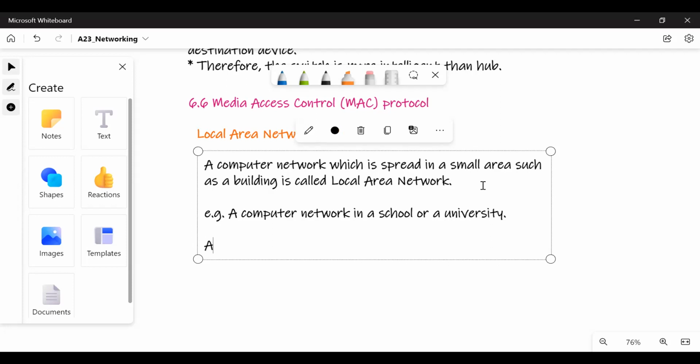And you are getting a lot of advantages from creating a network. We already discussed this, but let's summarize. You can share resources, which means both hardware and software.